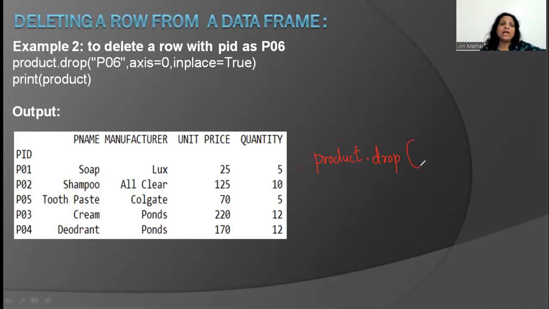Now, if I look at this, I know P01 and P05 are the ones where the quantity is less than 10. So if I write this P01, and now can you see I've put a list, a square bracket there, because I'm not just dropping one row, I am trying to drop two rows. And I write inplace equal to true.